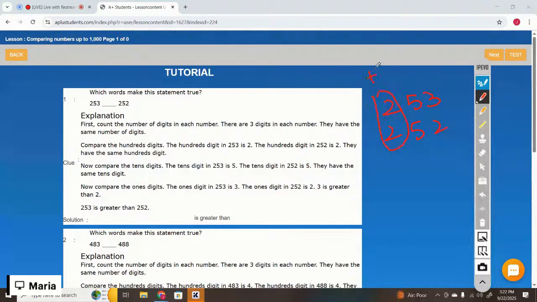This is the hundreds, the highest place value, 2 and 2. They both are exactly equal. At the tens place, 5 and 5 are also equal. Now look at the digits at the ones place: 3 is greater than 2. That means 253 is greater than 252. Got it?